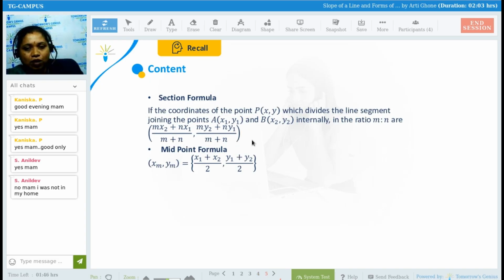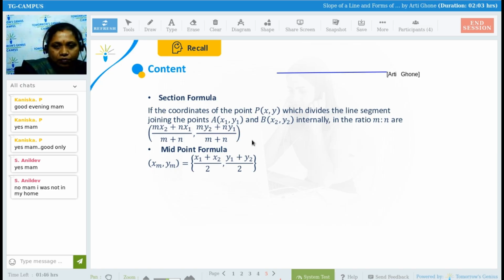Another is the section formula. If the point P(x, y) divides the line segment joining A and B internally in the ratio m to n, I am just drawing the geometry as said. If it is a line, obviously it makes a section in between them.